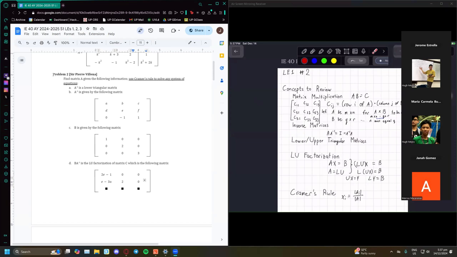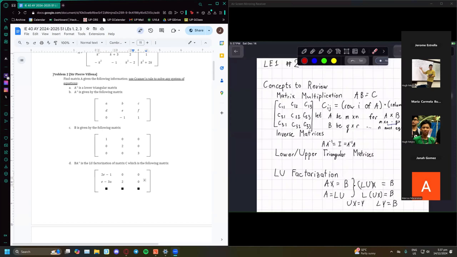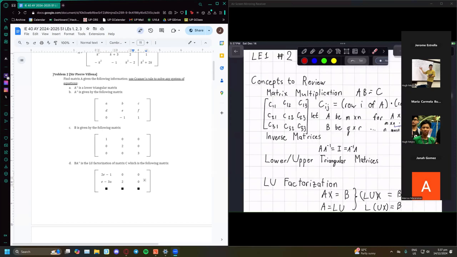So the concepts you'll need to remember are matrix multiplication. This is foundational, so please make sure you already know how to do this, or else you will struggle.